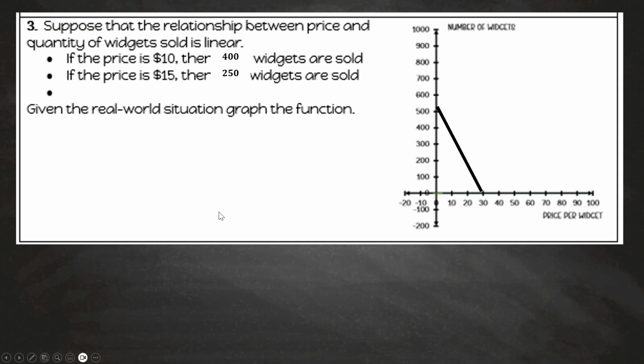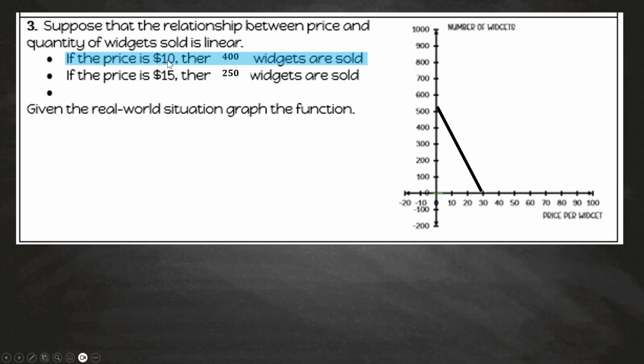All right, suppose that the relationship between price and quantity of widgets sold is linear. So on your paper it said 4,000 and 2,500. I changed that to be 400 and 250 so that we could actually graph it on the graph that's provided to you. So given the real world situation, graph the function.